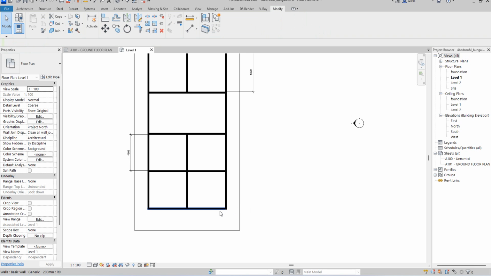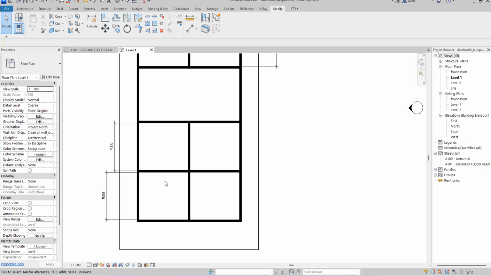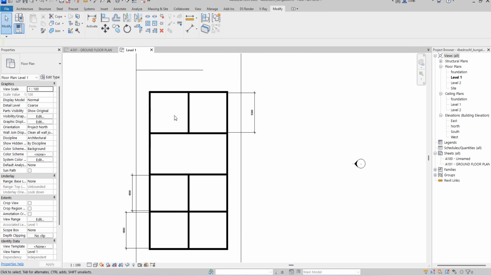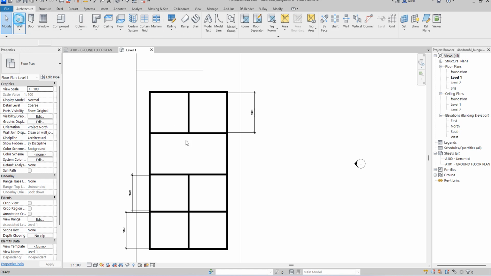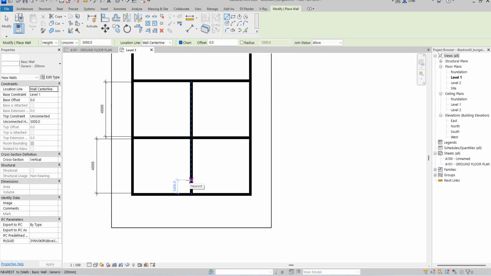That's just the reason. It's not actually specific, because some of these dimensions are still going to change as the design is progressing. So what I need to do here now is that I will click, say, architecture. So I'm going to click on wall. So I'm going to divide this one from here.